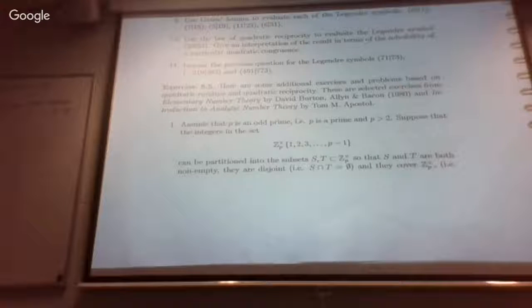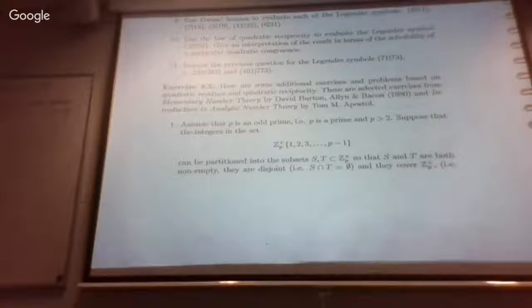Well, what this question is saying is basically this is the only way that you can partition the elements in Z_p in such a way that is a partition, but that also has that multiplication structure.